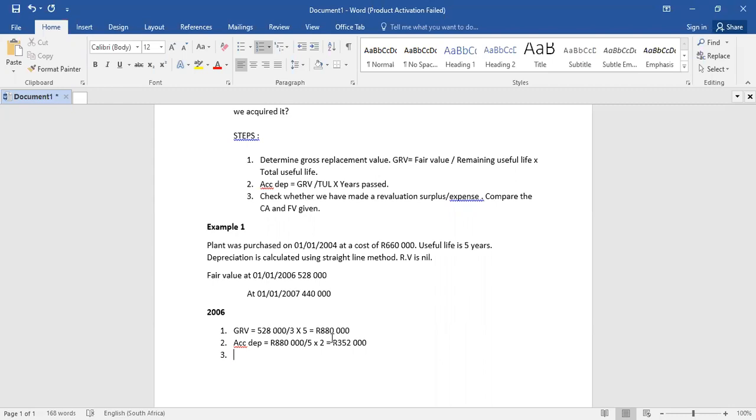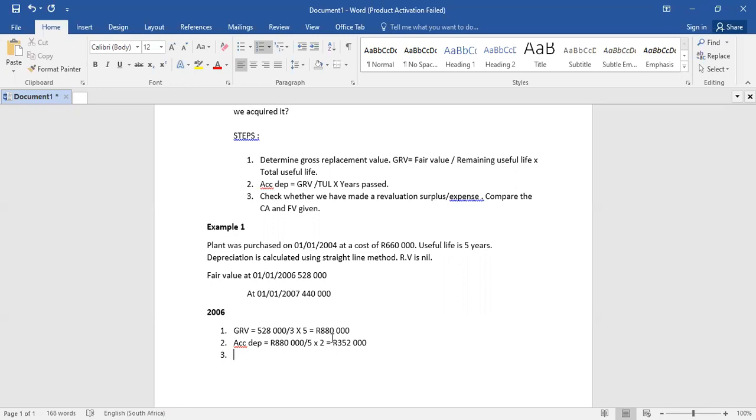So unikeziwe information ngakuthiwa sasilithenge ngo-660,000, i-useful life for 5 years, i-depreciation is calculated using a straight line. Imalini i-depreciation per year?